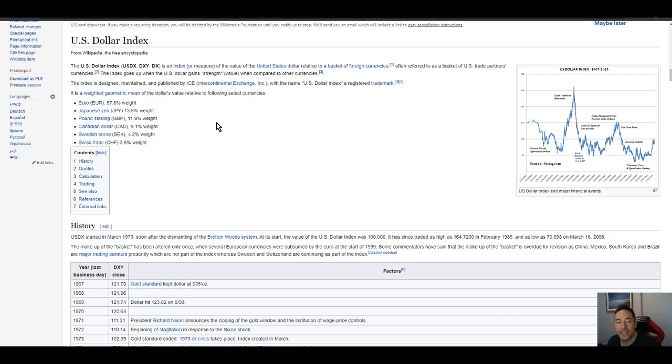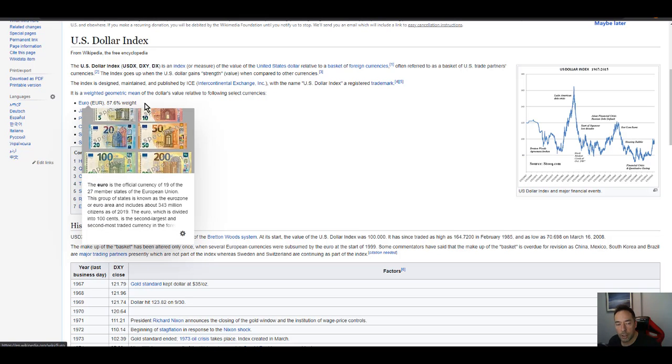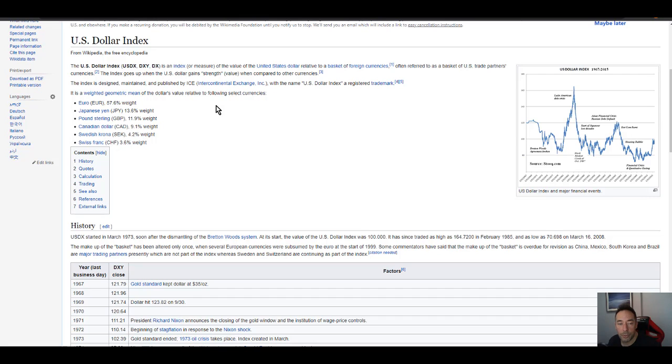It's basically weighted against these different currencies here. And you can see the greatest one is the Euro, 57.6% weight, which is why when we look at Euro USD, it's almost the inverse of the dollar index, because the Euro has the most weight in the dollar index.